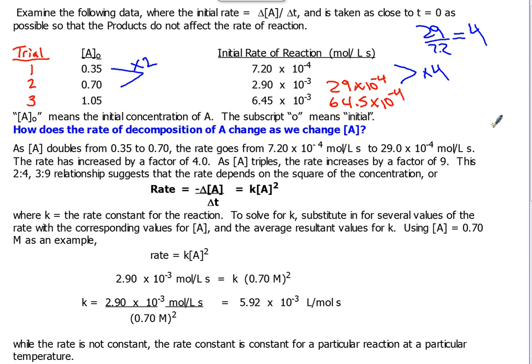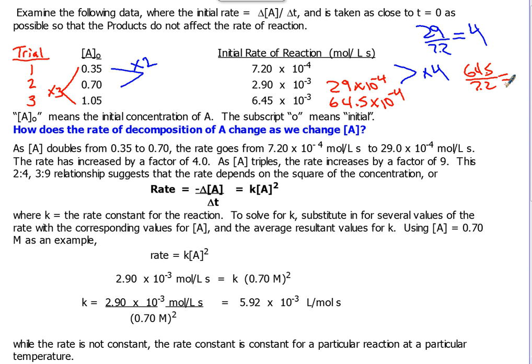Let's take it a step further. Let's compare John and Dara's data. So as you go from John to Dara, what's happened to the molarity? How many times greater is Dara's than John? 3 times greater. So let's compare 64.5 to 7.2. 64.5 to 7.2 is how many fingers?